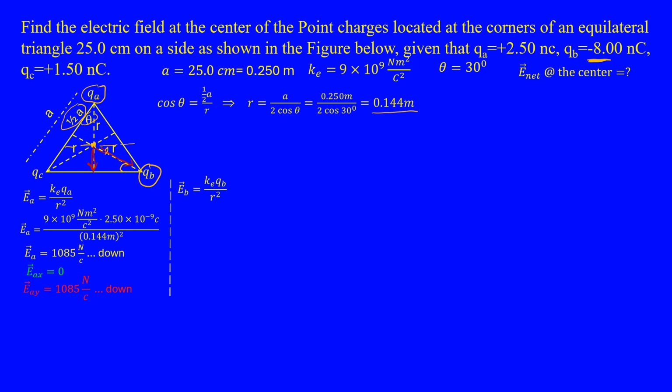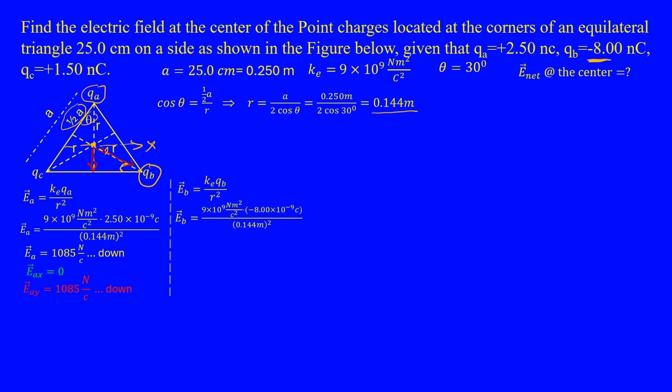These two angles are congruent. Therefore, theta is going to be 30 degrees below the positive x-axis, and that makes it negative 30 degrees. So theta is going to be negative 30 degrees. And what's the magnitude? The magnitude can be calculated the same way you calculated the electric field due to A, and that is the electrostatic constant multiplied by the charge at B divided by R squared.